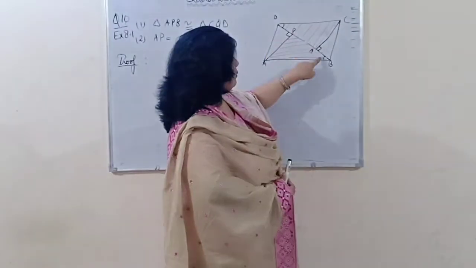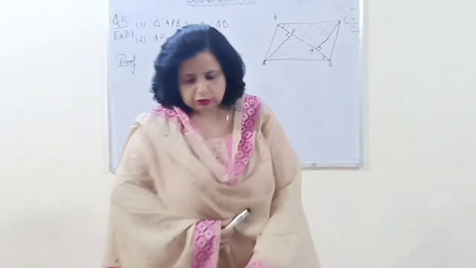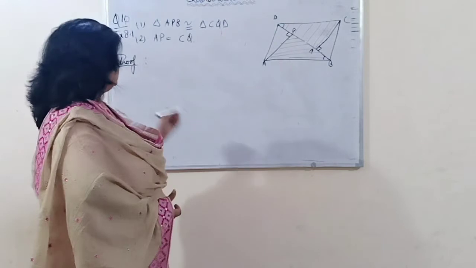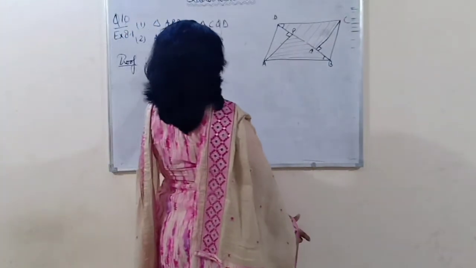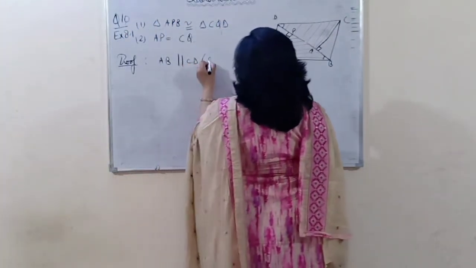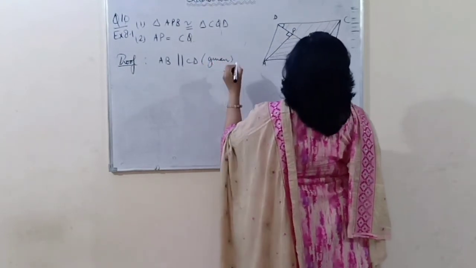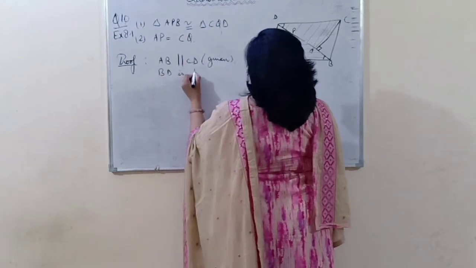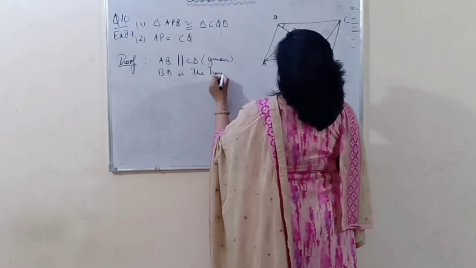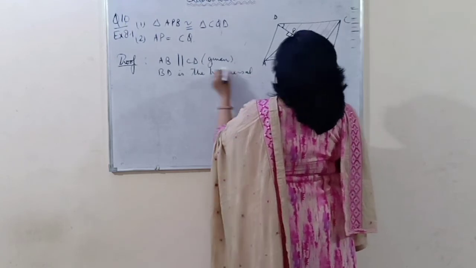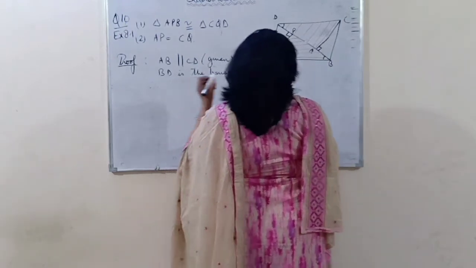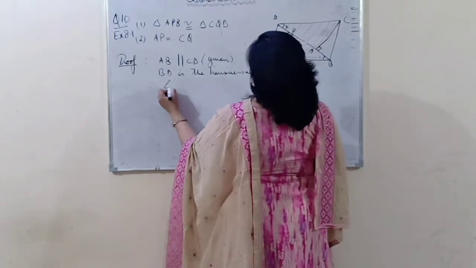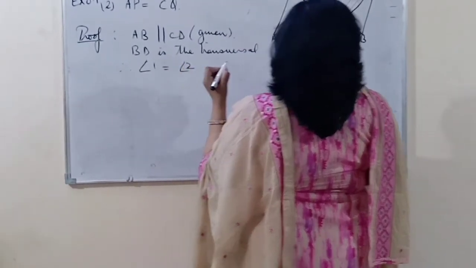It's a parallelogram, AB parallel to CD, given. BD is the transversal, therefore let us name these angle 1 and angle 2. Angle 1 equal to angle 2.